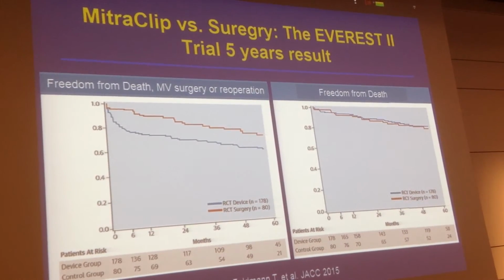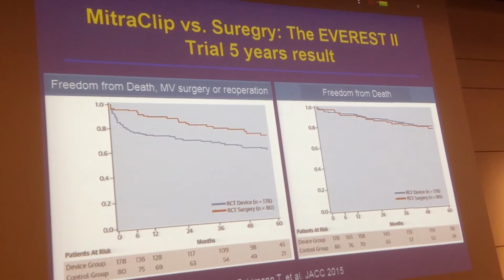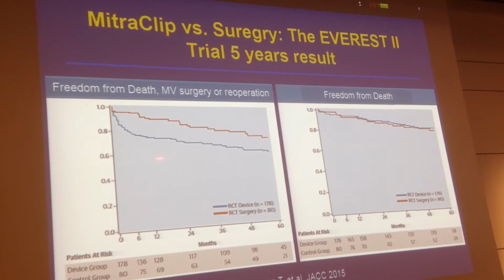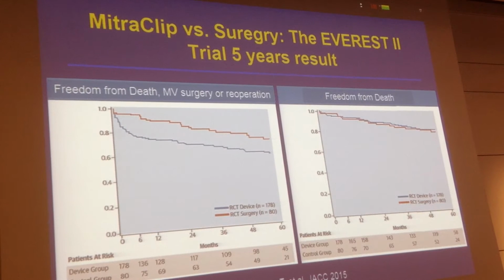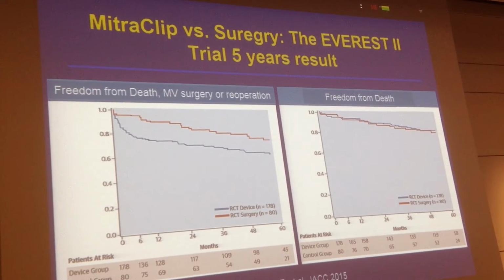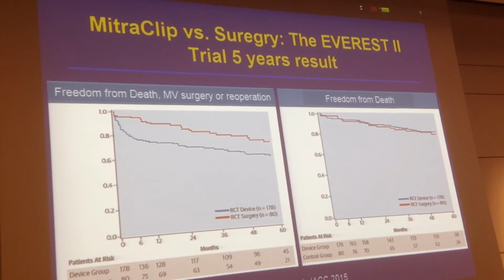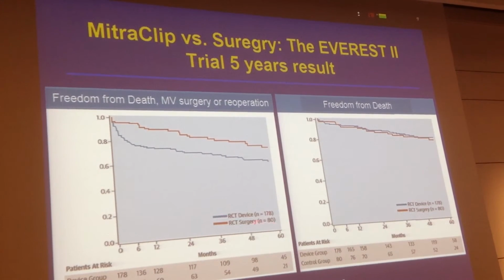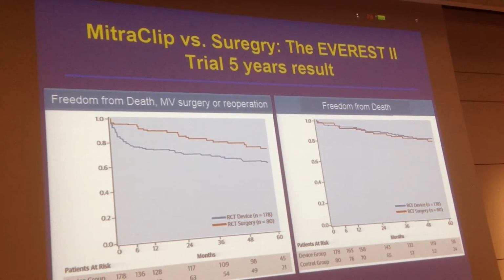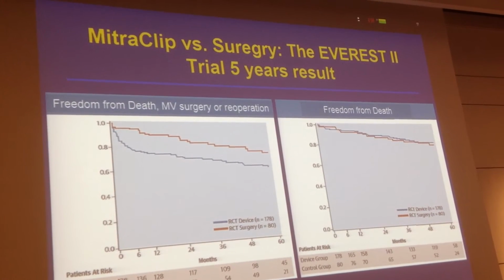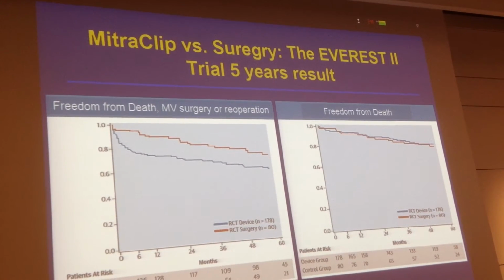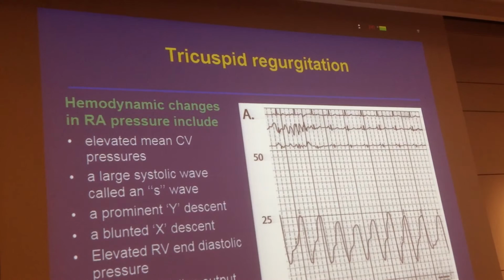We know that the catheter approach to repair of the mitral valve doesn't affect mortality, but the major benefit is that it's less invasive, although you may need surgery later on. If you compare to direct surgical repairs, they have fewer reinterventions and a better outcome than the mitral clip itself. So the indication for this intervention needs to be considered carefully.